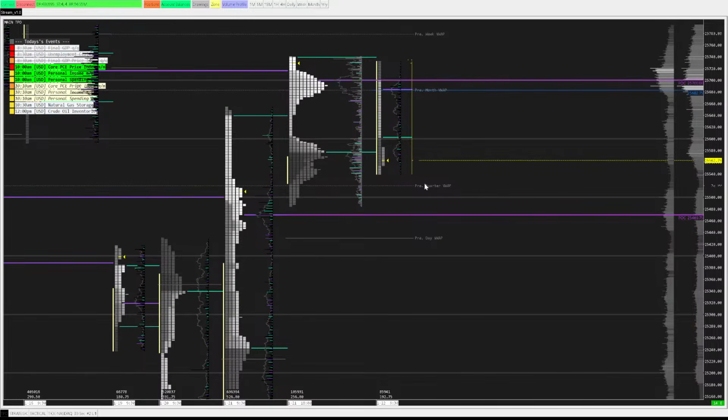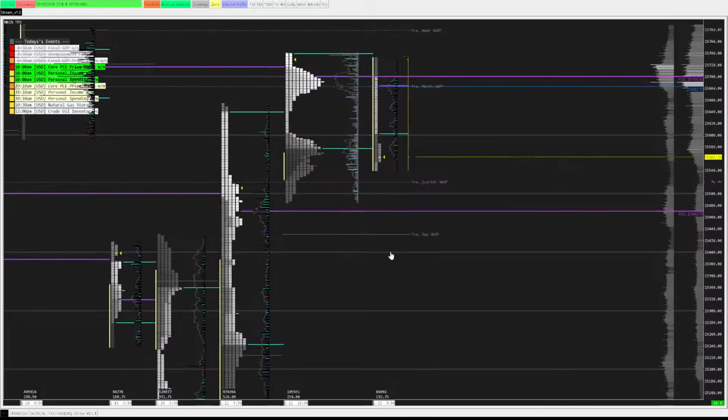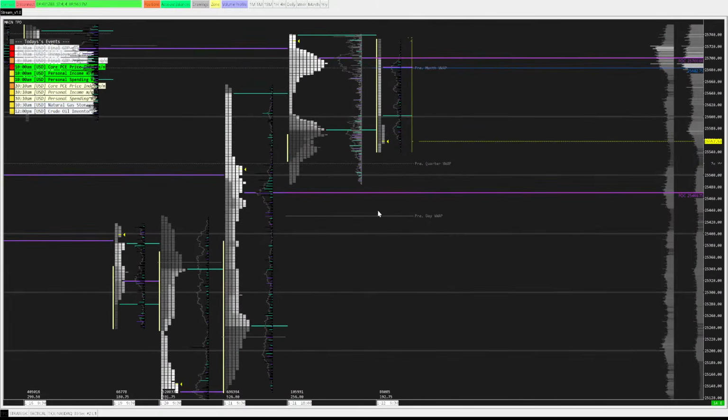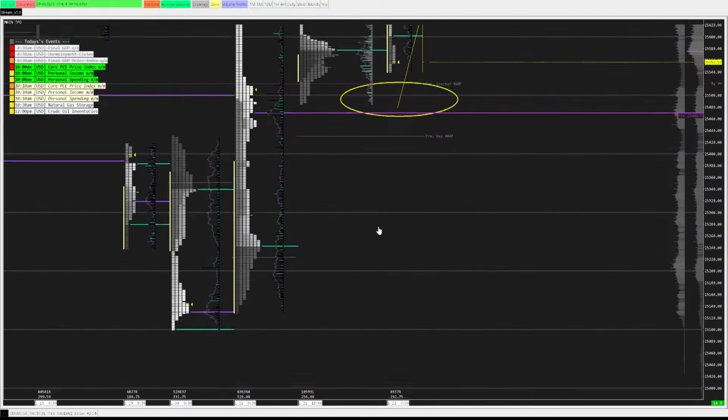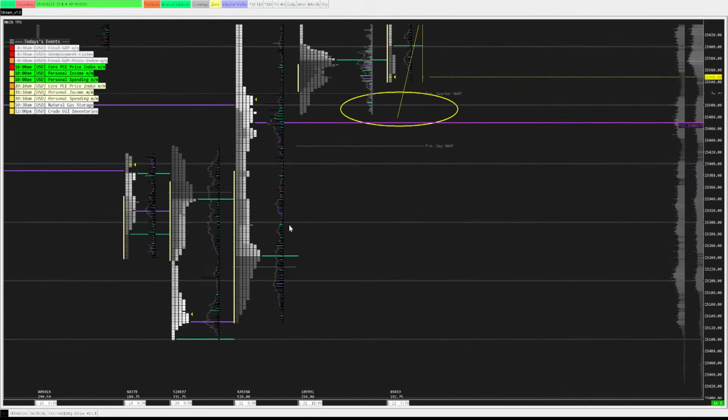I've got two RTH POCs and I'm stuck in between them. So it's either going to bounce in this area and go higher, or we're just going to continue to pass through this and come down into these areas.